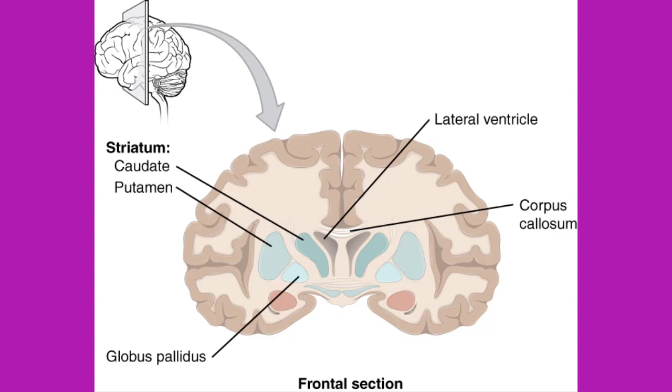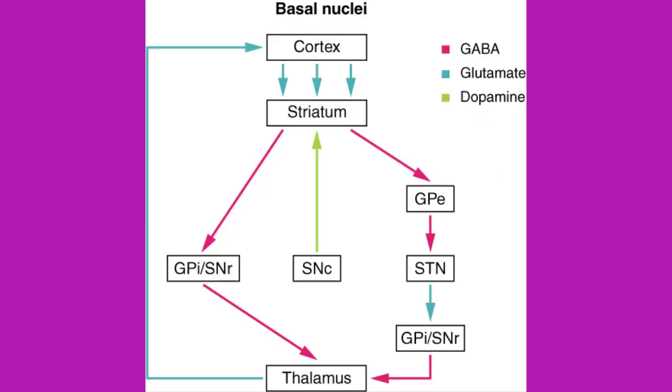The globus pallidus has two subdivisions, the external and internal segments, which are lateral and medial respectively, and these nuclei are depicted in the frontal section of the brain. The basal nuclei in the cerebrum are connected with a few more nuclei in the brainstem that together act as a functional group that forms a motor pathway.